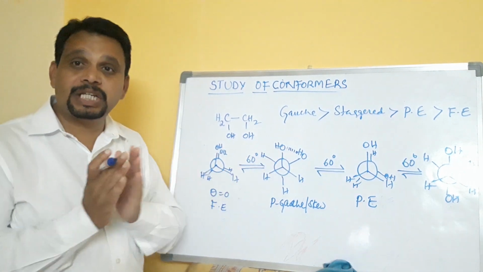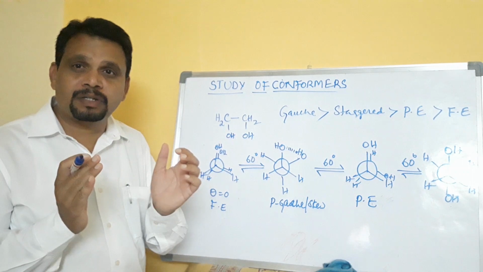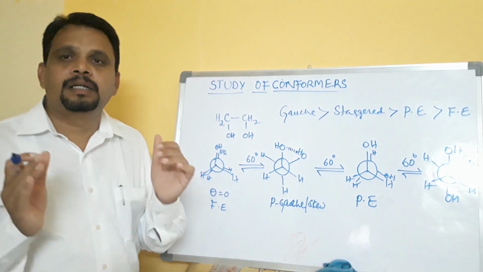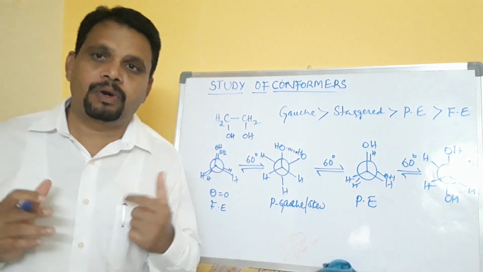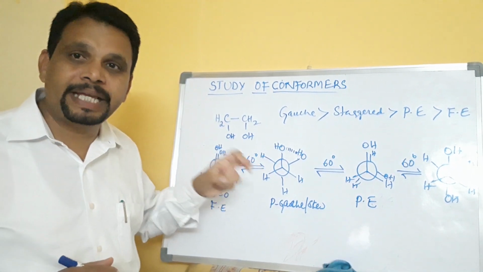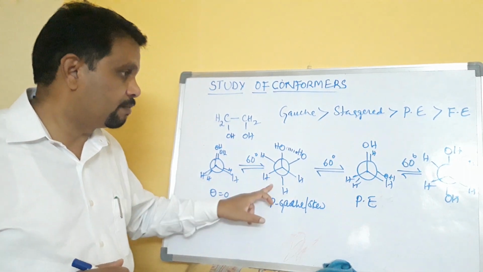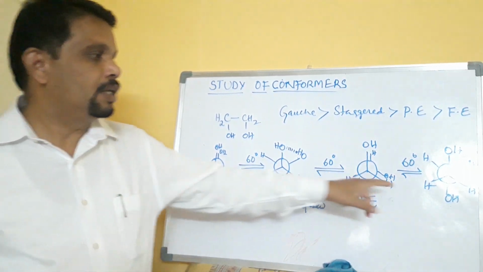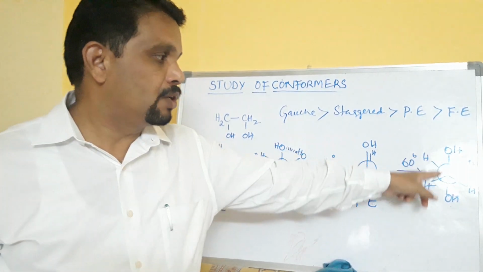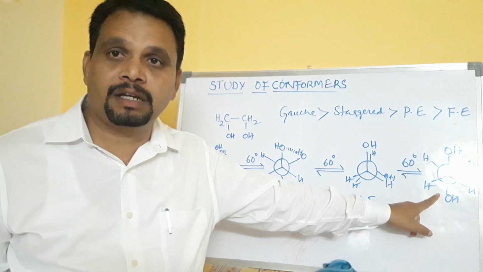Here the distance between the hydrogen and the more electronegative atom is very suitable for hydrogen bonding. Therefore, intramolecular hydrogen bonding plays a major role in this conformer, while no intramolecular hydrogen bonding is possible in the anti or staggered conformer.